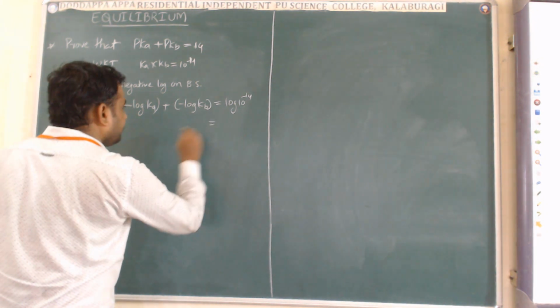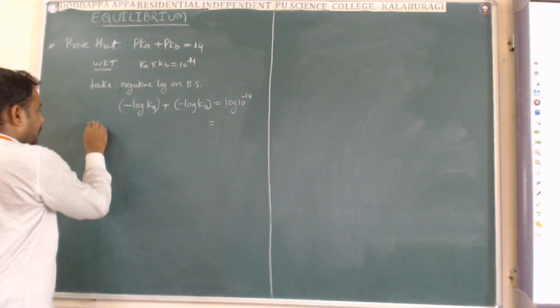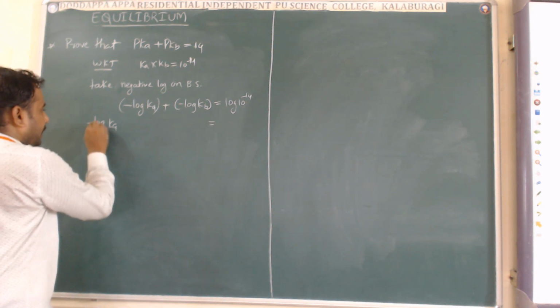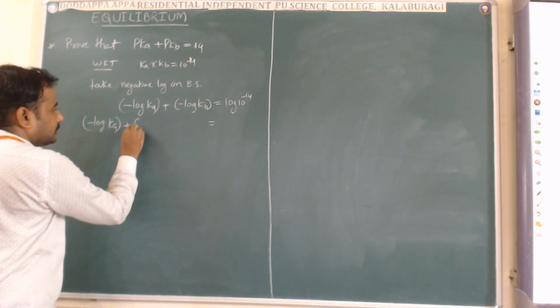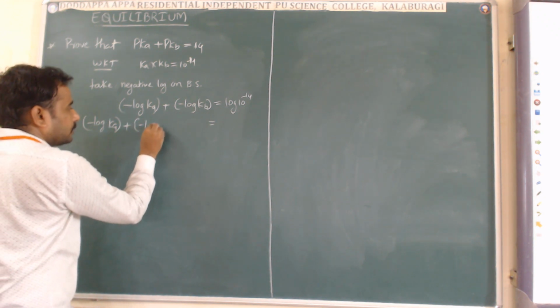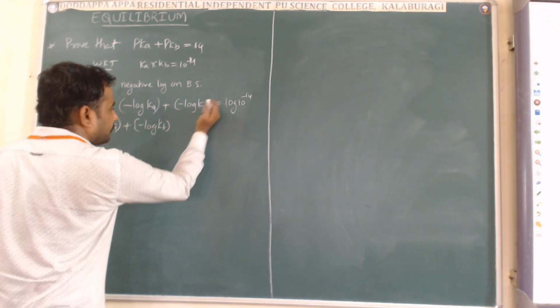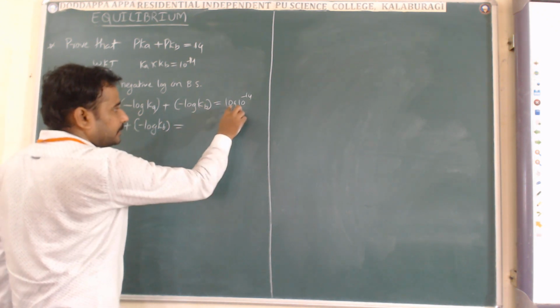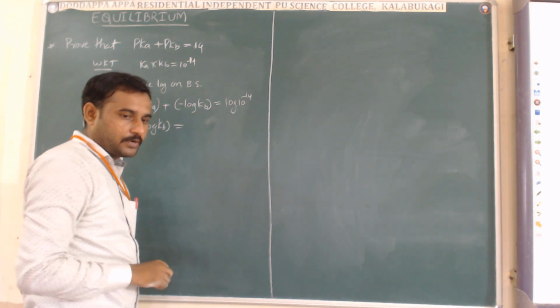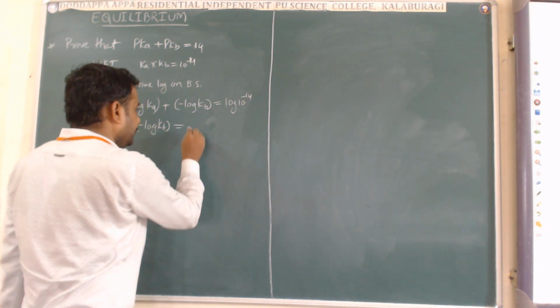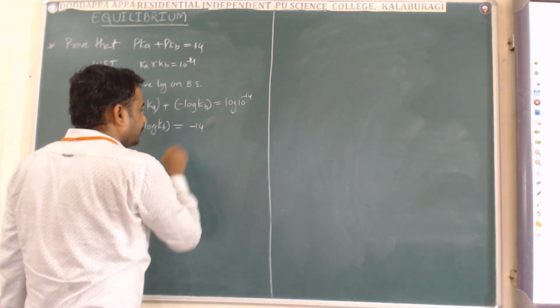So then it becomes minus log Ka plus negative logarithm of Kb is equal to, n log m, so it becomes minus 14.